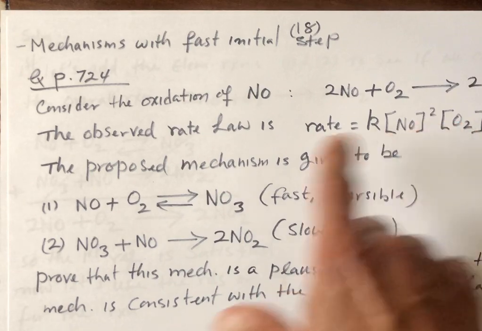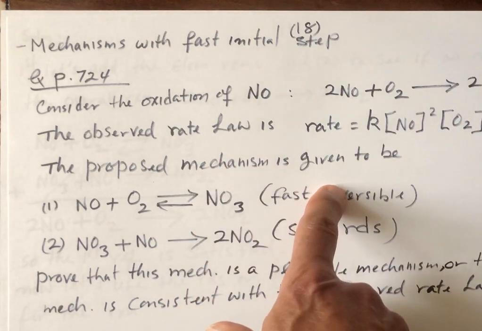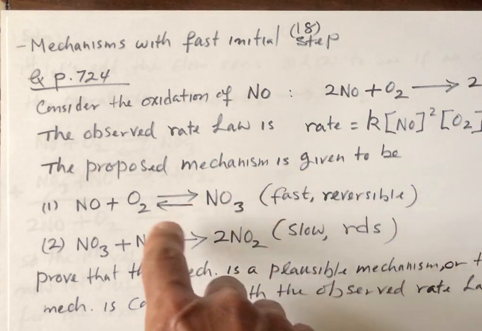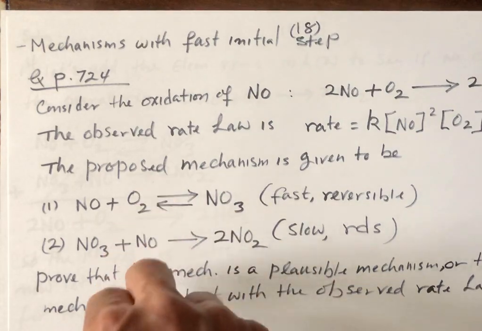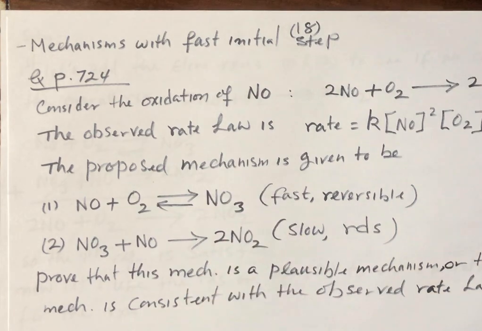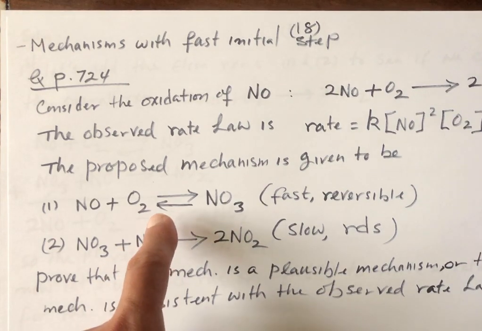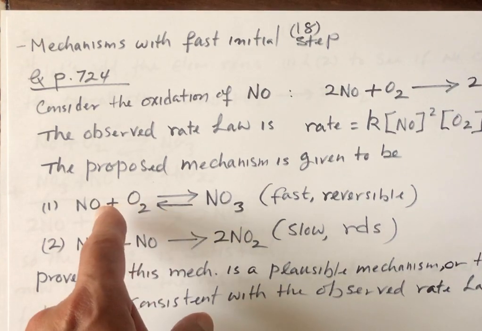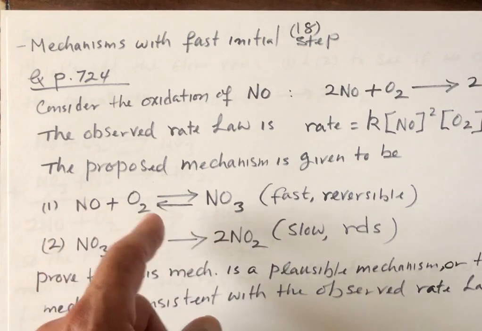Okay, and the proposed mechanism is given to us to be these two steps. These two steps collectively are the mechanism. In the first step, which is a fast and also reversible step, we use the reversible arrow, one going left to right, the other right to left.